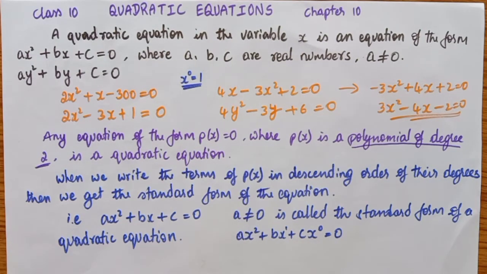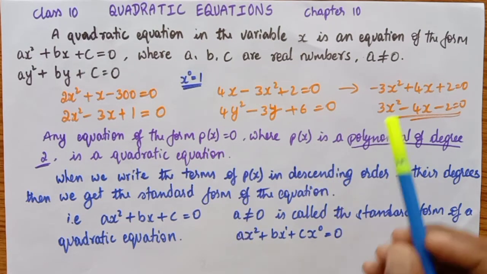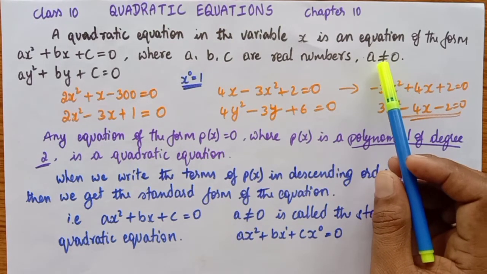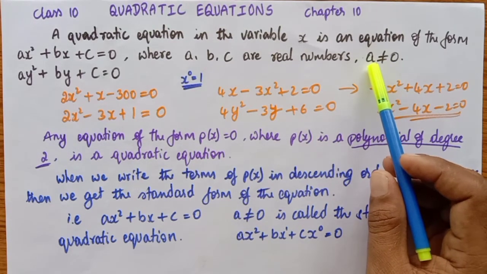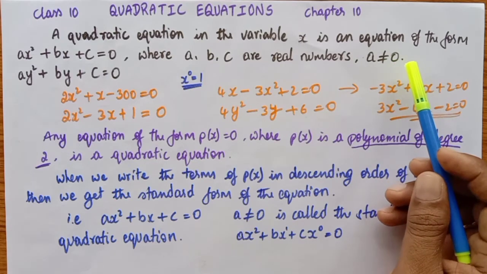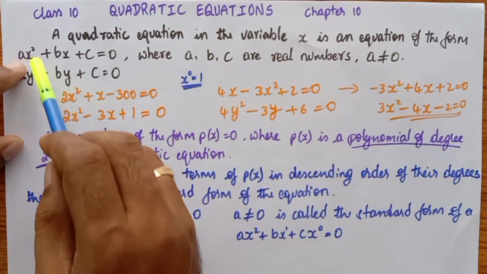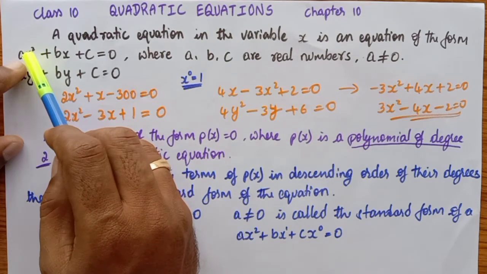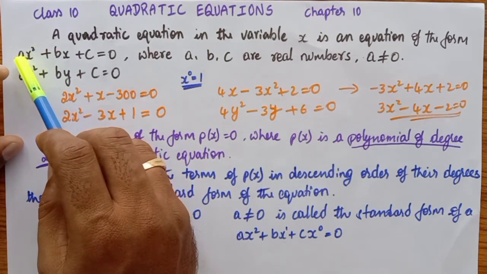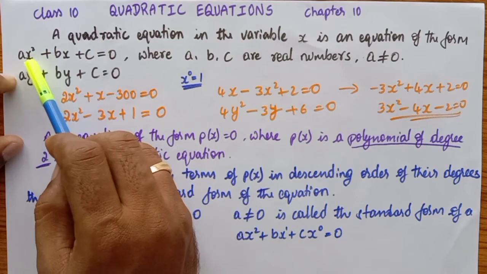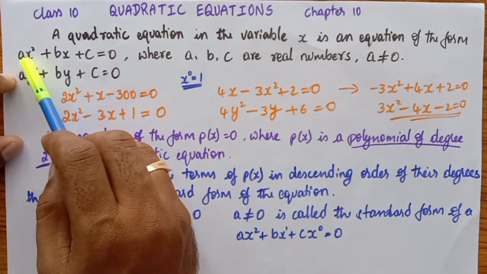Here one should understand that in the definition itself it is stressed that a should not be equal to 0. Why? Once a becomes equal to 0, x to the power of 2 also will be multiplied with 0. So what happens here, this term vanishes, that means it will be equal to 0.